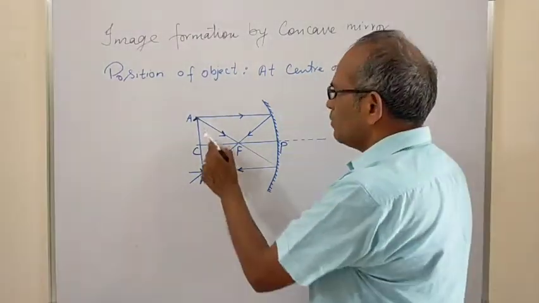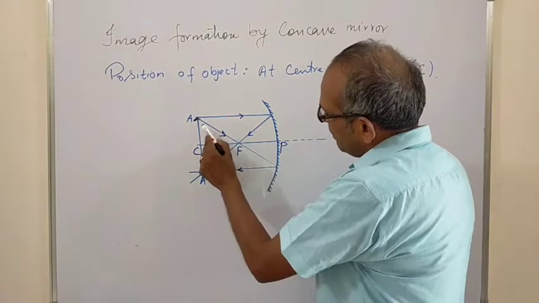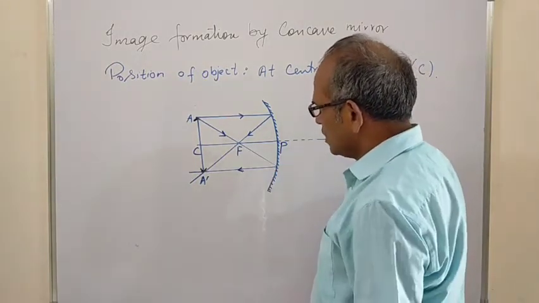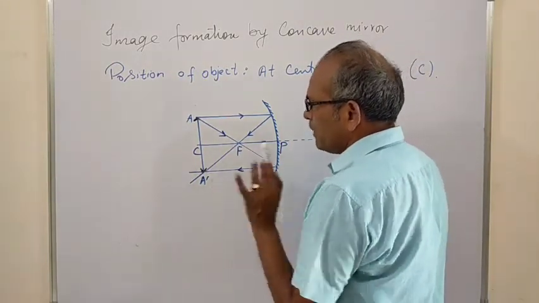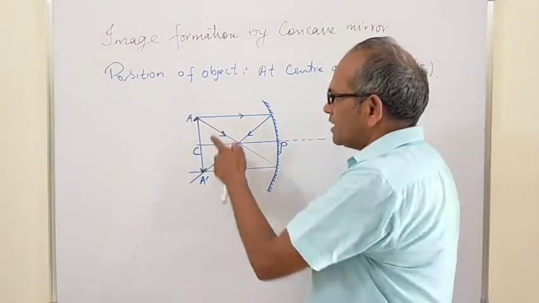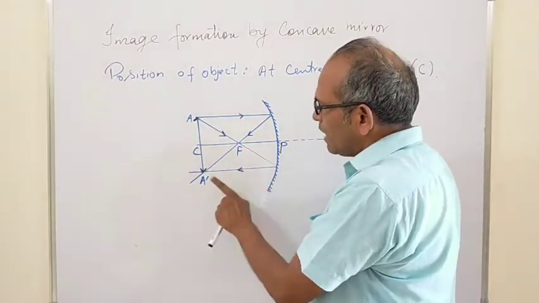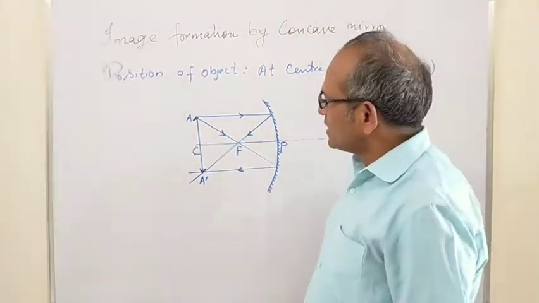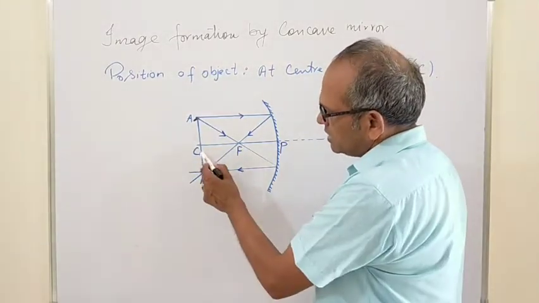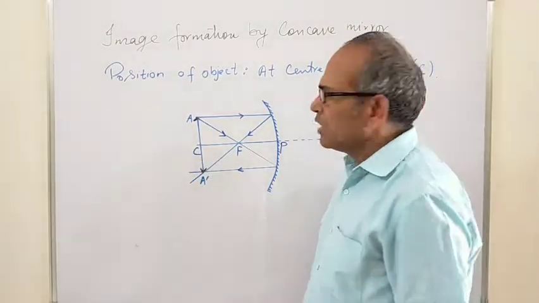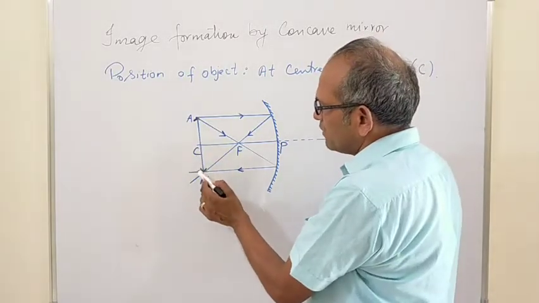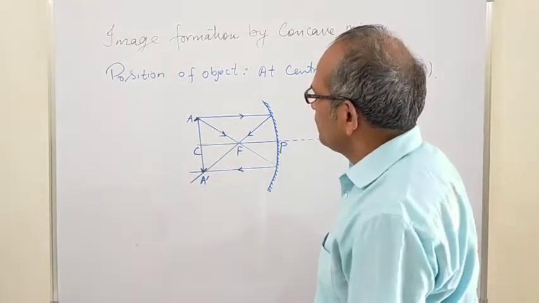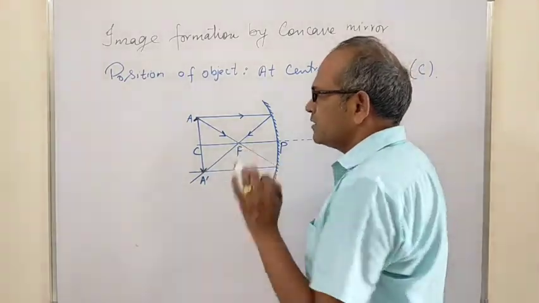I have also taken one ray of light passing through the focus, so this ray of light will become parallel. Students, you see that both these rays of light after reflection intersect at the center of curvature. So the image will be formed at this point.